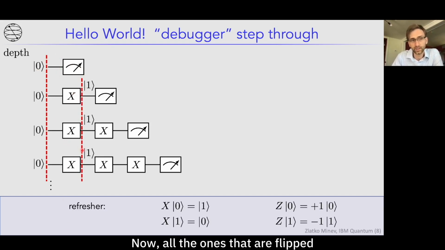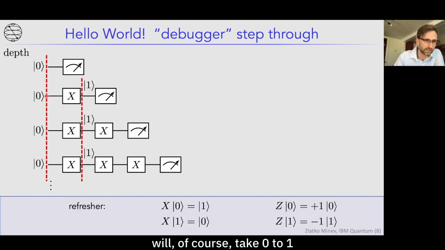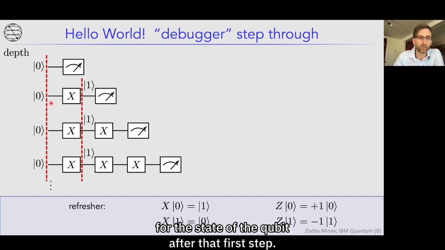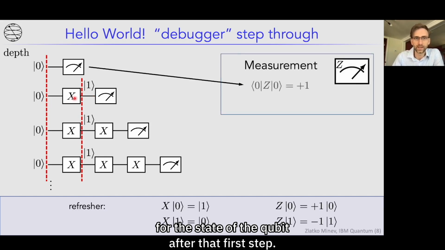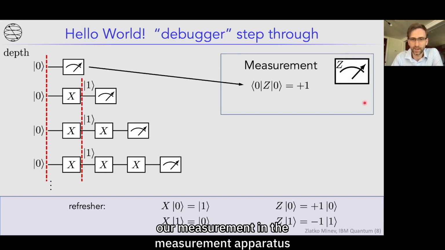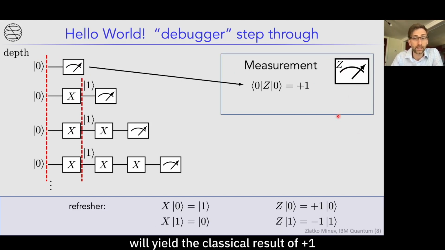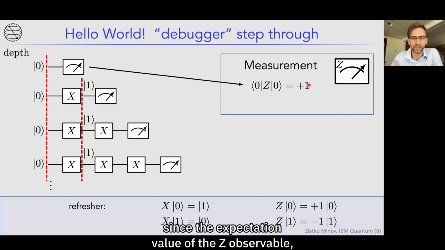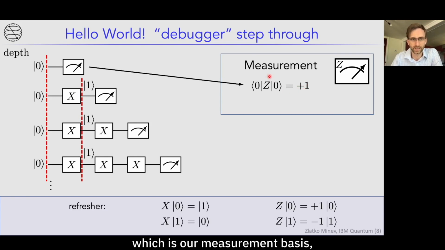Now, all the ones that are flipped will, of course, take 0 to 1 for the state of the qubit after that first step. How about the measurement? Well, in this first step, the measurement apparatus will yield a classical result of +1, since the expectation value of the z observable, which is our measurement basis, is +1 for the ground state 0.